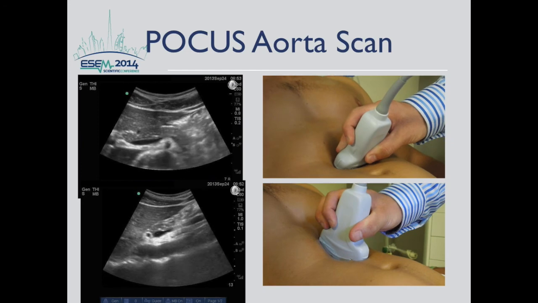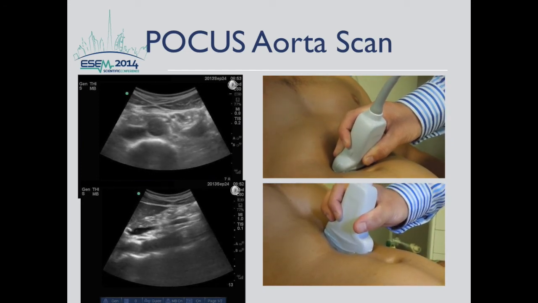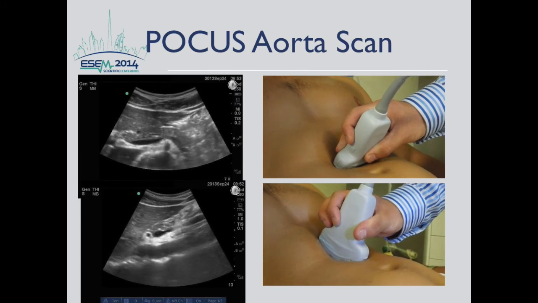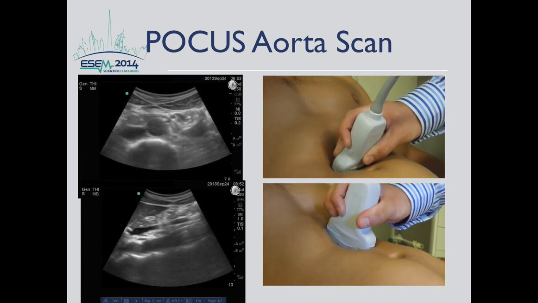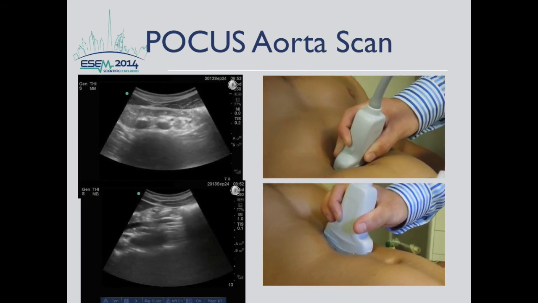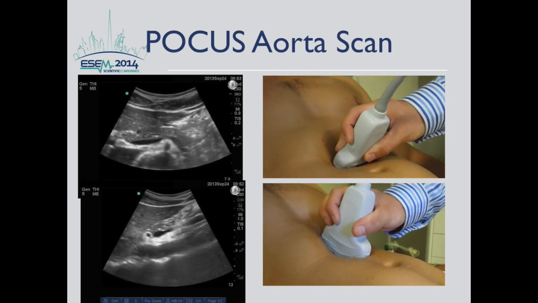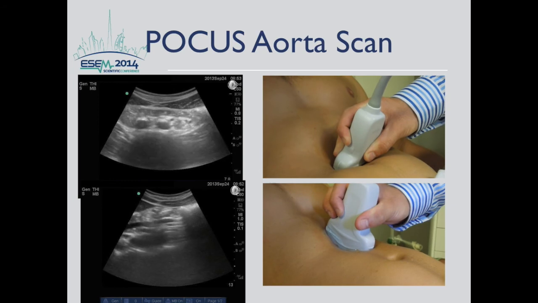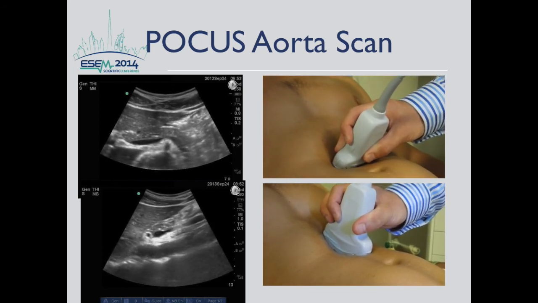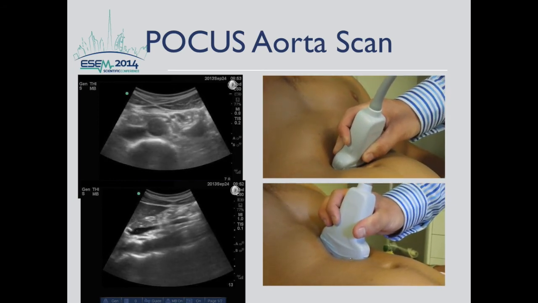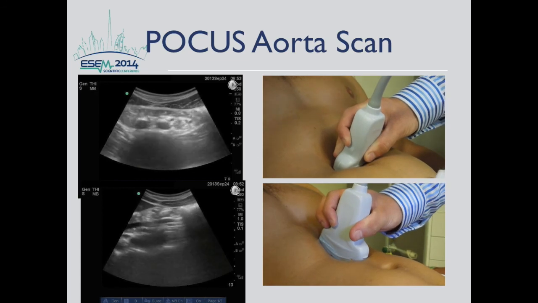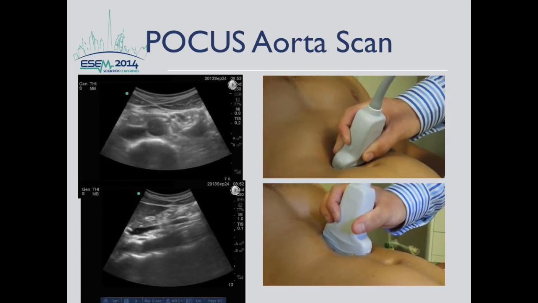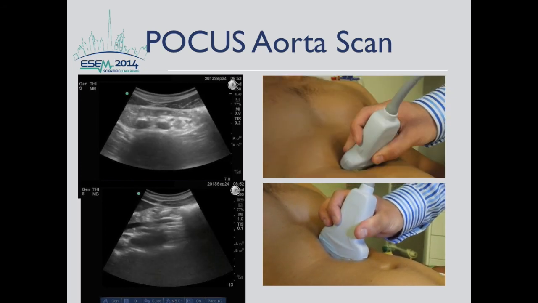There are 5 key locations where you want to evaluate the abdominal aorta: the proximal aorta in the transverse view, the mid-aorta in the transverse view, and the distal aorta in the transverse view to the iliac bifurcation. And then you will get a longitudinal view of the entire abdominal aorta. An abdominal aortic aneurysm is when the abdominal aorta is measured outer wall to outer wall and the diameter is greater than 3 centimeters.